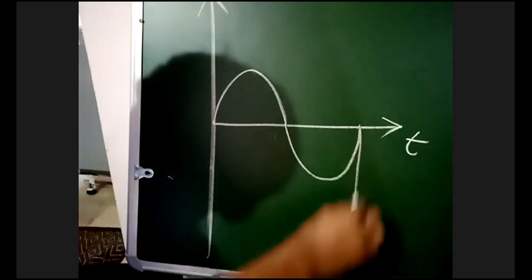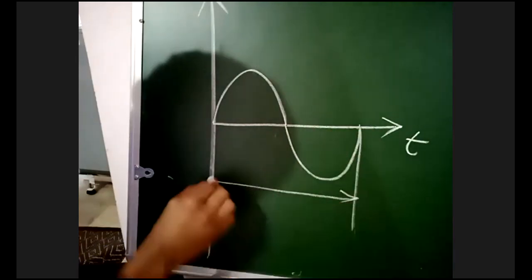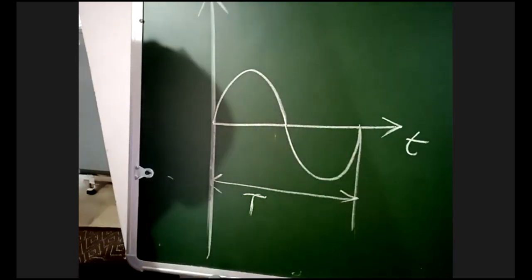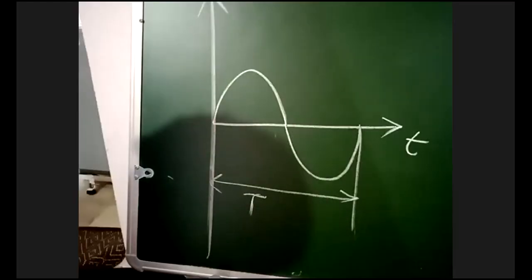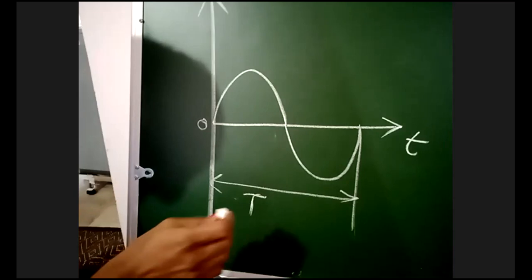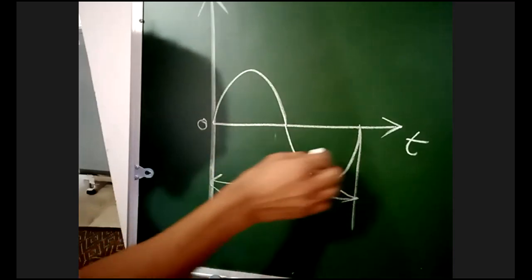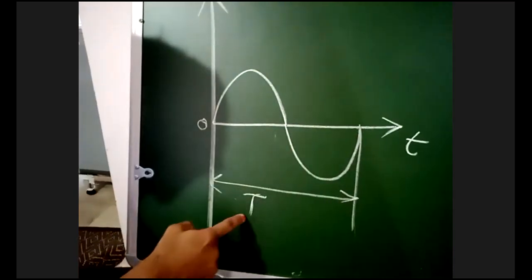What is the time period of one cycle? Let us take 2 pi. T is equal to 2 pi. One cycle I am taking as capital T, from 0 to T. T is the total time period.